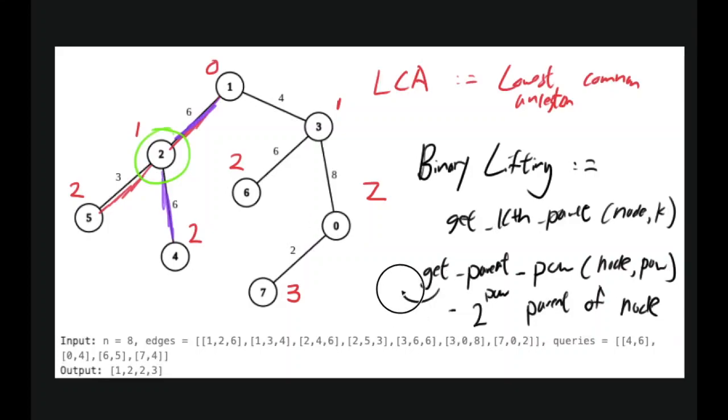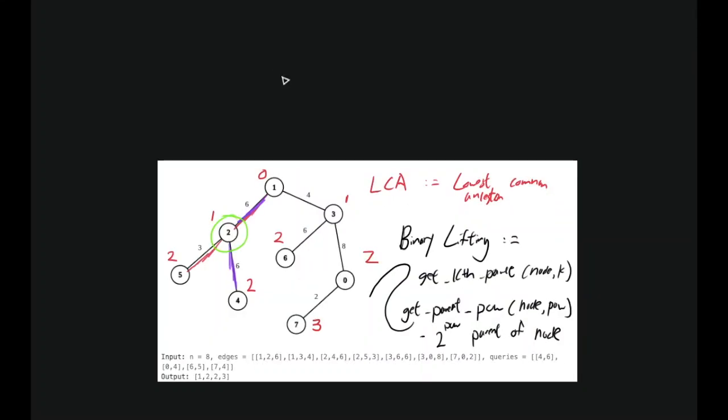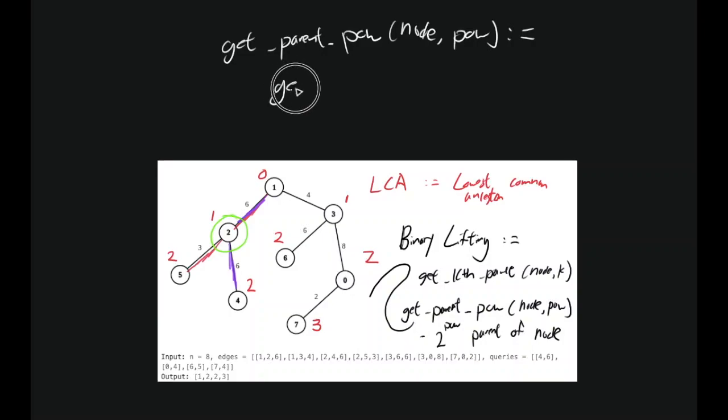So what I mean is, maybe I will write in here so I have more space. Get parent power of node and pow is just equal to get parent pow of node, power minus 1, which will get us halfway through our answer.